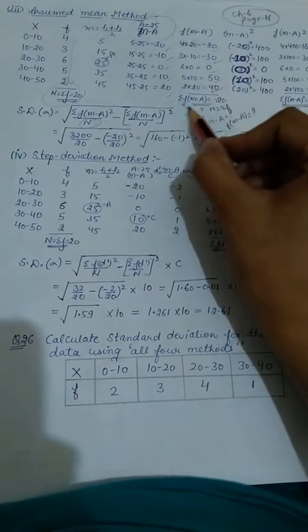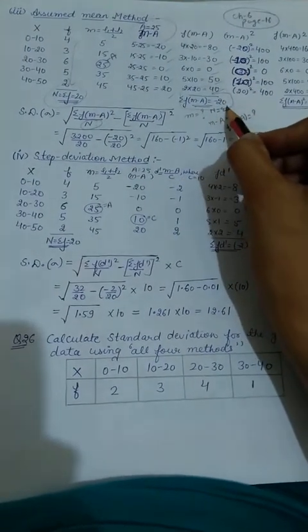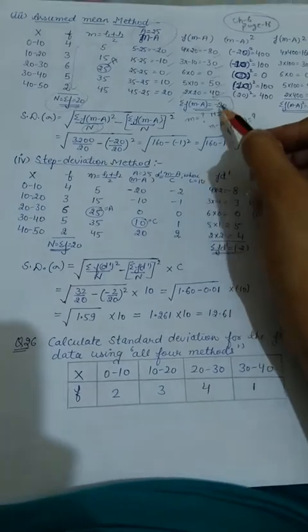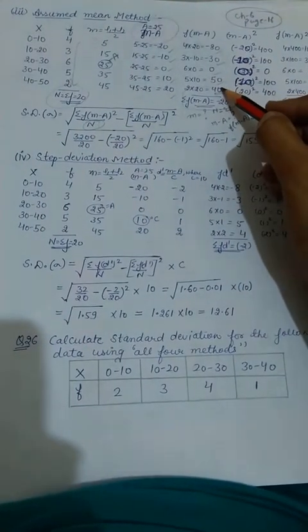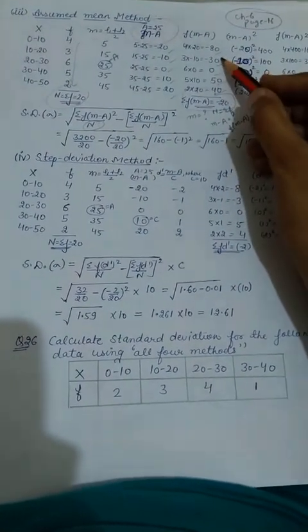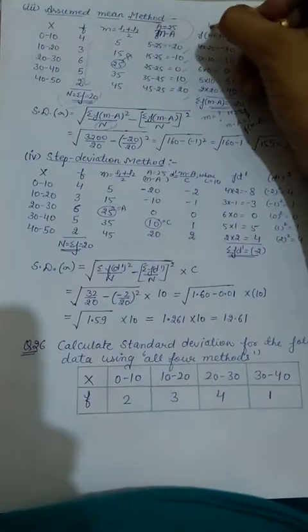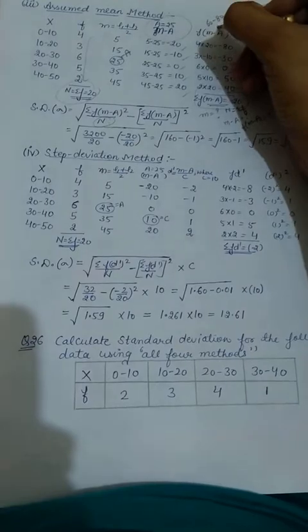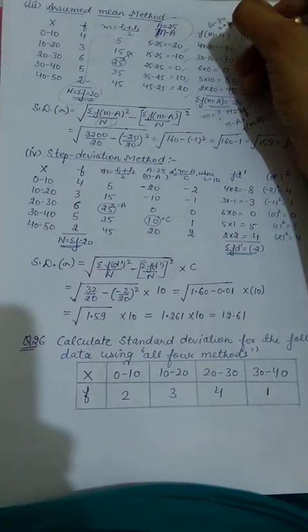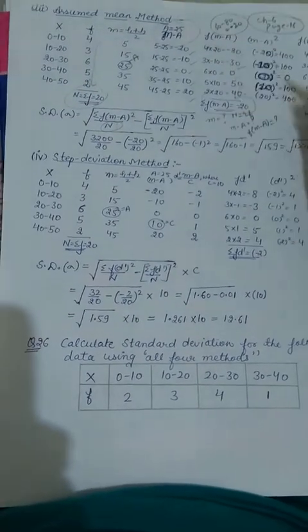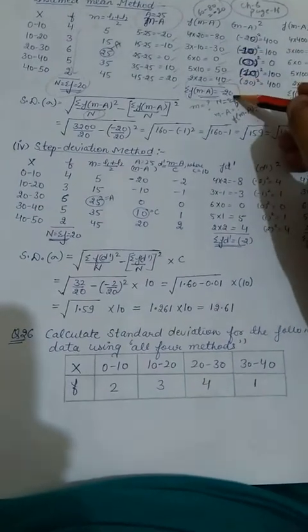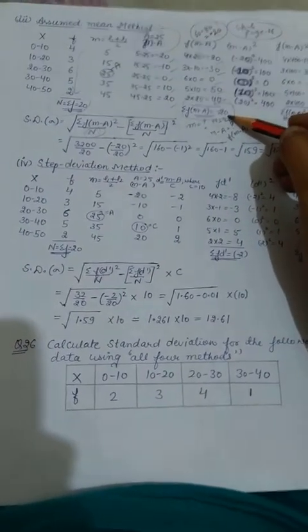Then you will do total here. Do it carefully, you will get minus 20 this time. How? 50 plus 40 will give you 90. 90 minus 30 will give you 60. And then 60 minus 80 will give you minus 20. Getting my point? So you have to do it carefully. You will get minus 20.